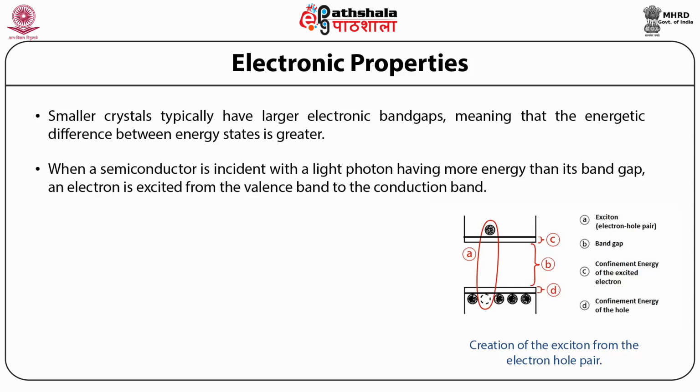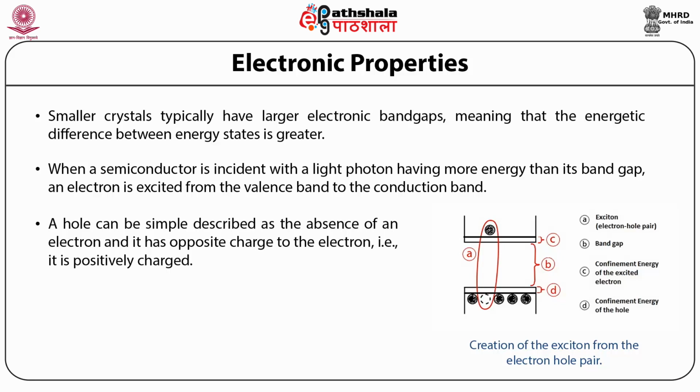When a semiconductor is incident with a light photon having more energy than its band gap, an electron is excited from the valence band to the conduction band, which is shown in this figure. The excitation of the electron to a higher energy state results in the creation of a hole in the valence band.